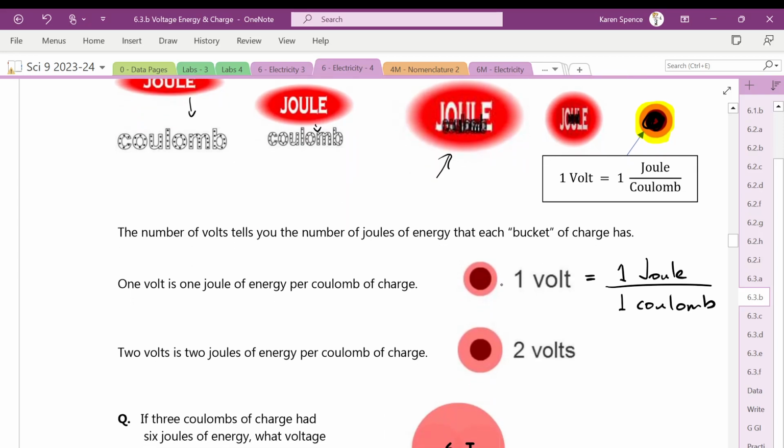Do you see how we still have 1 coulomb, that black part in the middle? But now we have twice as much of the red aura. Yes, twice as much energy. So that would be how many joules per coulomb? That's 2 joules per 1 coulomb.